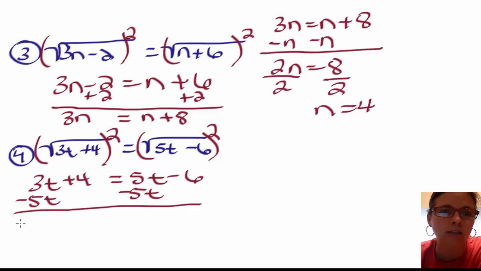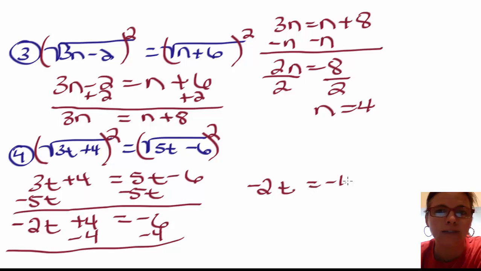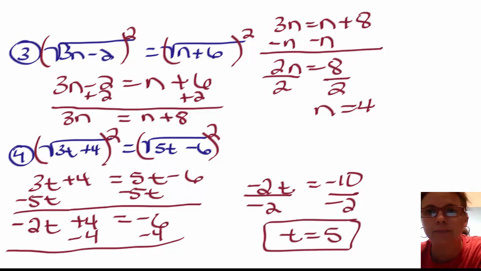It doesn't matter. But this is going to be negative 2t plus 4 equals negative 6. Then we subtract 4. So negative 2t equals negative 10. Divide by negative 2. t equals 5.